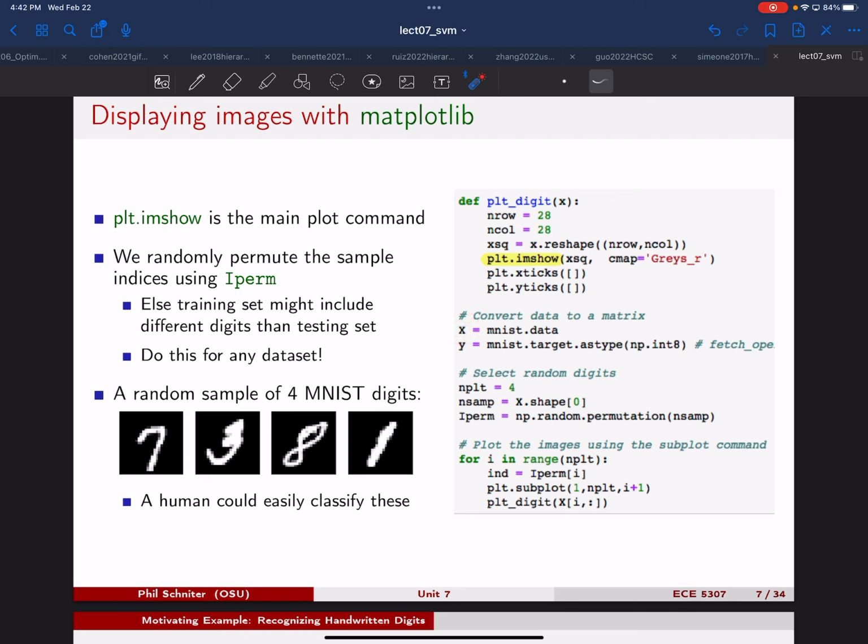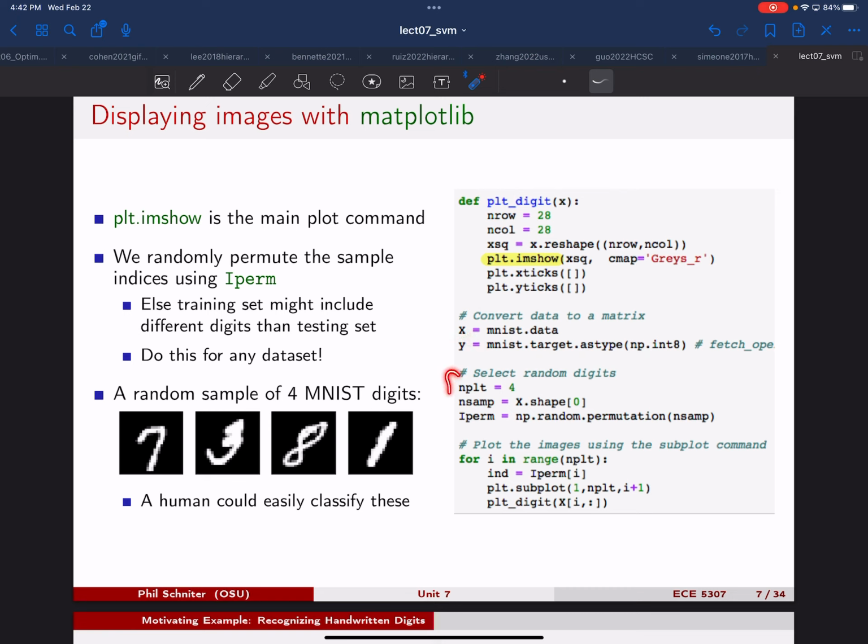And then you also need to know the label. Like you need to know that this is a 7, this is a 3, this is an 8. And so the label data is in mnist.target. I can't remember what format it's in originally, but here we're reformatting it as an 8-bit integer.